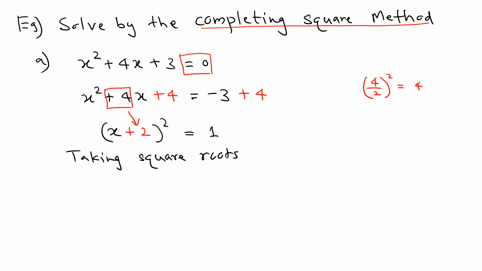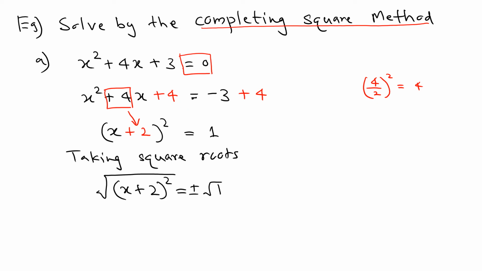We have on this side x plus 2 equals, when you take the square root, you take the square root on this side. So what happened, you add a plus or minus to one side.